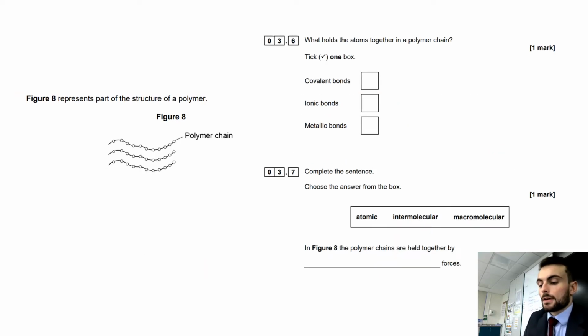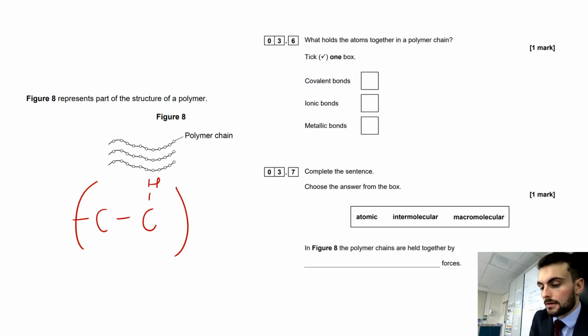Figure 8 represents part of the structure of a polymer. So if you remember, a polymer is just if we take a simple chained thing, a monomer, and then we repeat it and repeat it again and again. So a polymer just means multiple repeating chain.